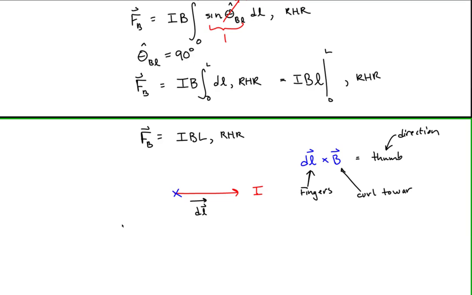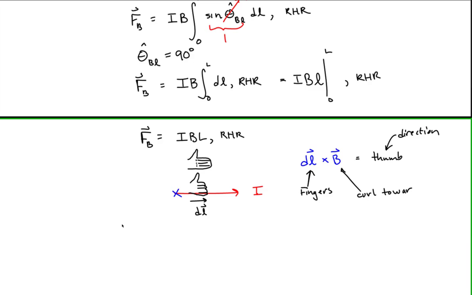So let's go ahead and illustrate that. We'll start by putting our fingers in the direction of the current, which is to the right. We will then curl our fingers towards the magnetic field. Now the magnetic field is away from us, so that means we are curling our fingers away from us, and notice the direction that our thumb is pointing.